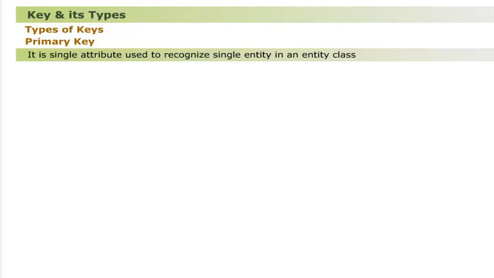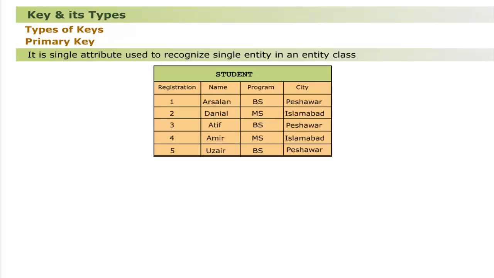These are primary key. It is a single attribute used to recognize an entity in an entity class. For example, in entity class student, the attribute registration number is a primary key. The primary key attribute is represented as underline. Now a question arises: why is attribute registration number chosen as primary key?